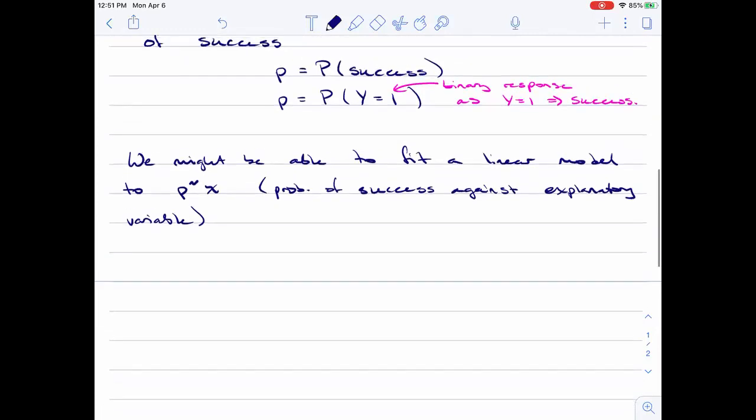But what we're going to find, we have to be careful because P against X, well, P is the probability of success. A probability has to be between 0 and 1, right?